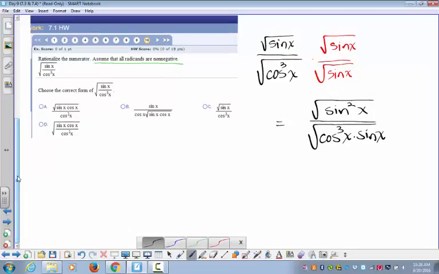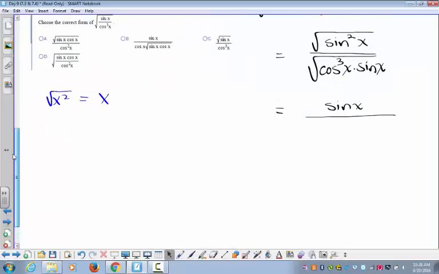All right, so what's the square root of sine squared? The first and most dominant thing I heard was sine x. Let me ask you another question for a second. What is the square root of x squared? Okay, I hear x.